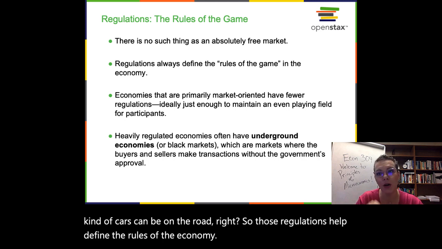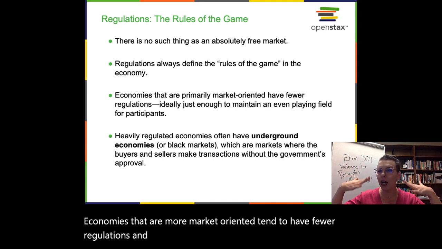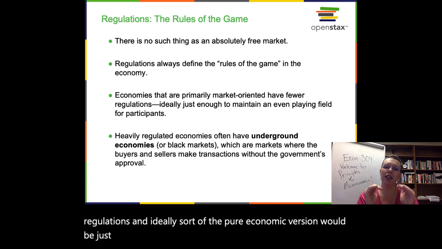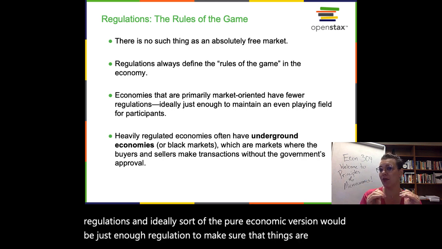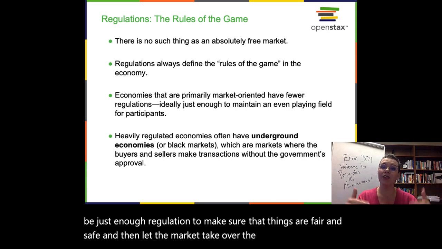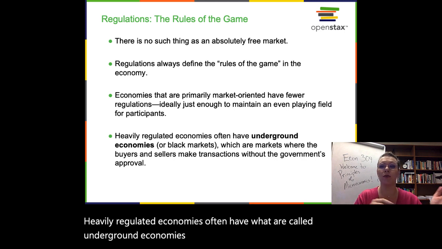Economies that are more market-oriented tend to have fewer regulations, and ideally, the pure economic version would be just enough regulation to make sure that things are fair and safe, and then let the market take over the rest. Heavily regulated economies often have what are called underground economies or shadow markets or black markets.